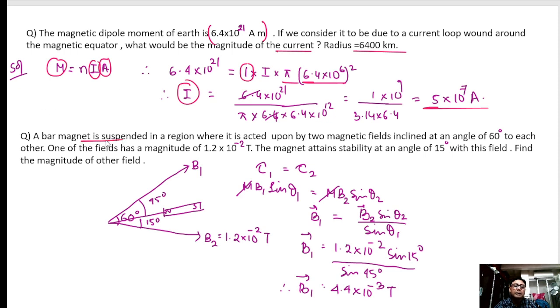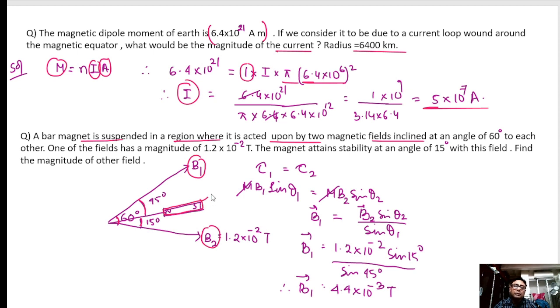Similarly, a bar magnet is suspended in a region where it is acted upon by two fields. These are the two fields at an angle of 60 degree, and here is a bar magnet. Now it is in equilibrium at an angle 45 with one field and 15 degree with another field.